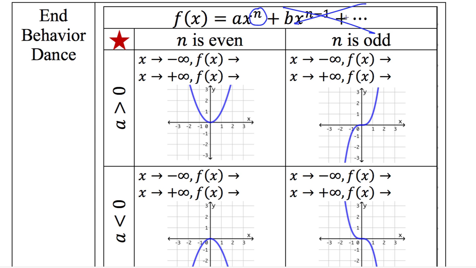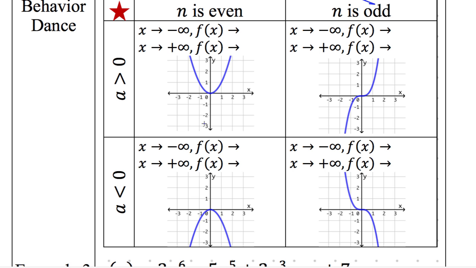So, let's assume n is even. Let's assume this power is even, like 2 or 4 or 6 or 8. Who do we appreciate? So, when I assume that it's even, I'm in this left-hand column. When it's even, what do we notice about these graphs where n is even? Let's pay attention. As x approaches negative infinity, what does the height approach?